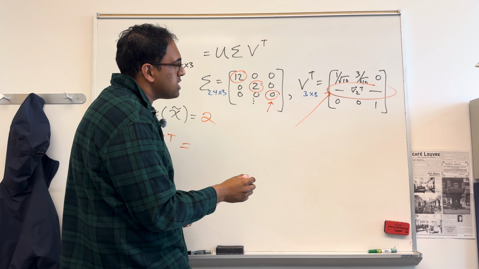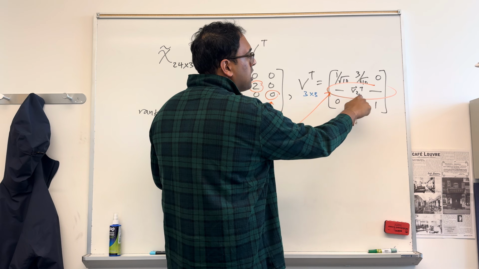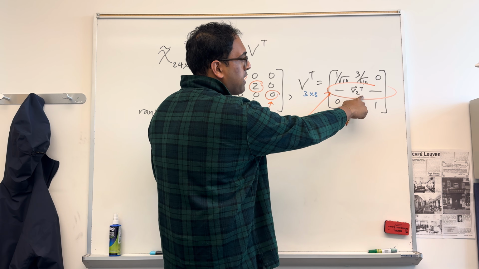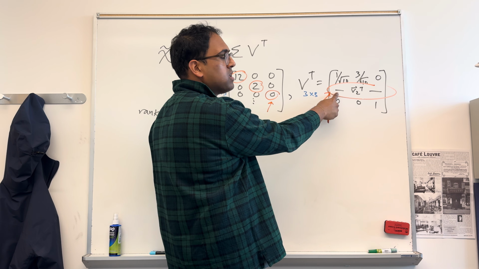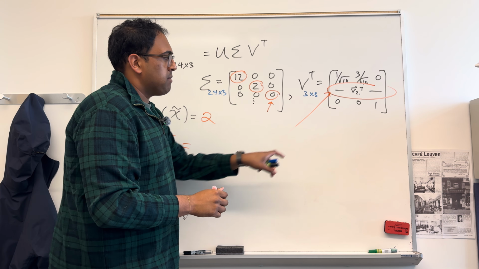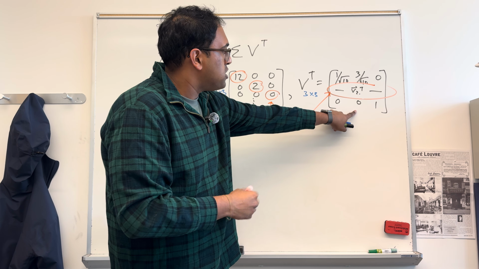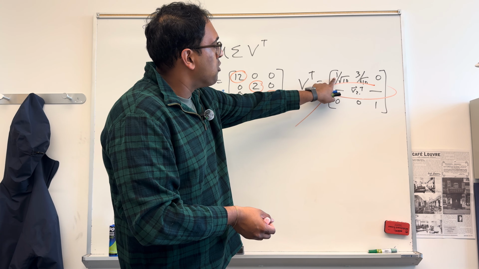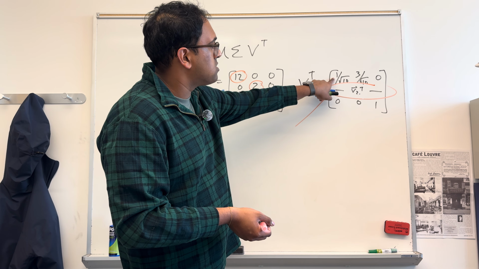And what I notice is that if I place values in the first two components of this vector, then that vector will be automatically orthogonal to 0, 0, 1. Because it doesn't matter what I put in the first and second components, I'm going to dot that with a 0 and a 0 in the last row. So then I can just focus my attention on making my vector orthogonal to the first row.